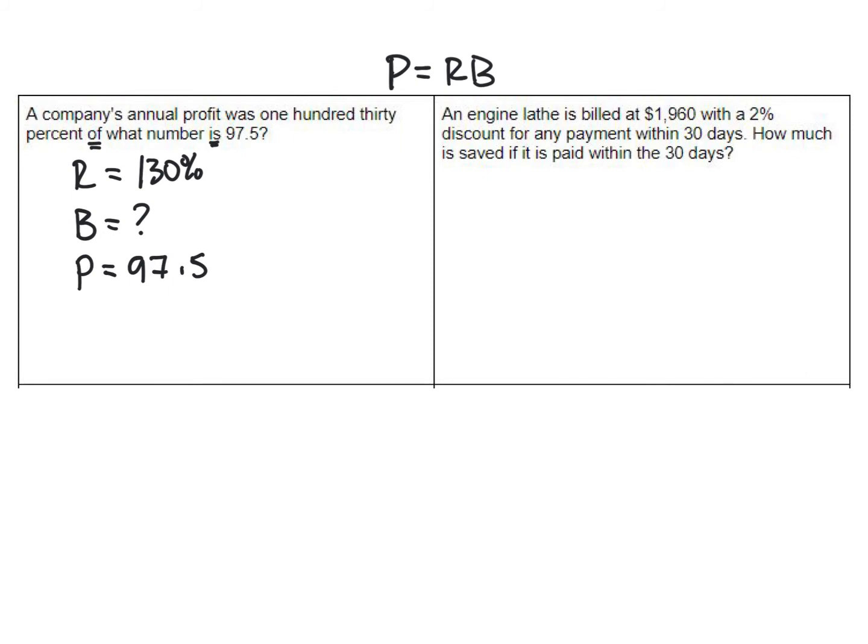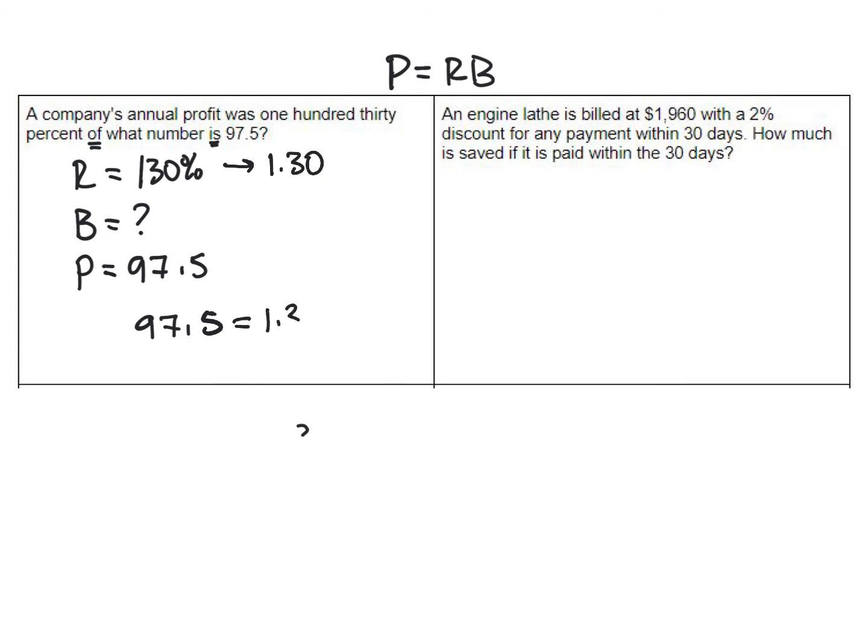So to find the base, we're going to use our formula, P equals RB. My percent is 97.5. My rate is 130%. Now, as a decimal, that would be 1.30 or 1.3. Again, I have to divide by 100 or move the decimal.